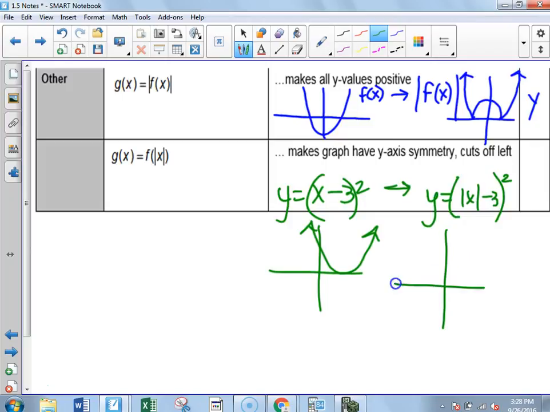What that would do is cut off this left hand side and reflect the right hand side across the y-axis. So the graph would have y-axis symmetry. It cuts off the left and makes the graph have y-axis symmetry.